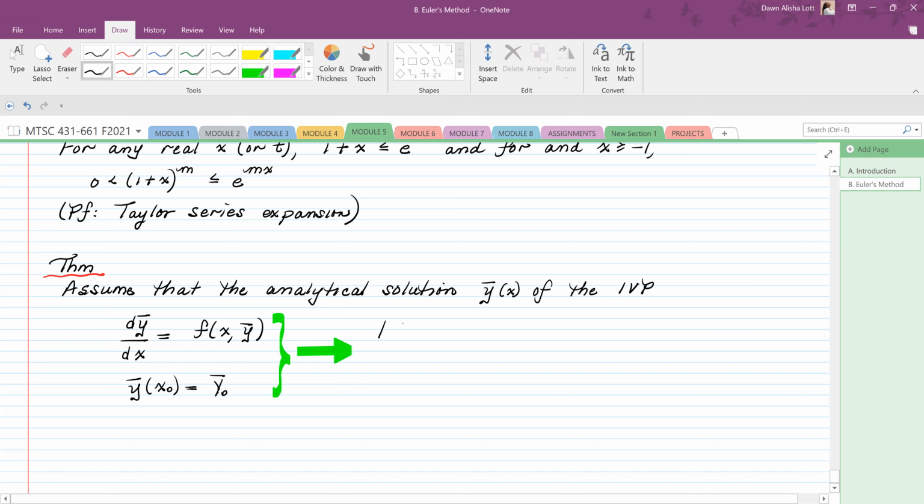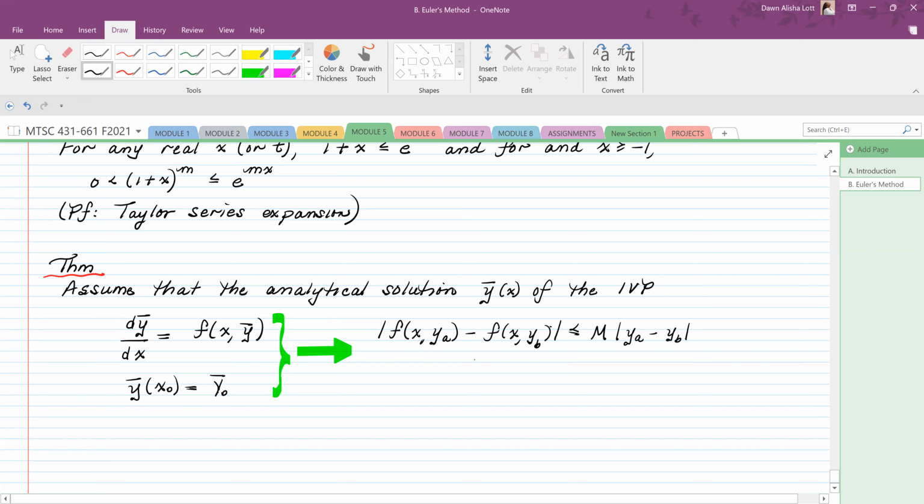So the absolute value of f of x, ya minus f of x, yb is less than or equal to M times the absolute value of ya minus yb.